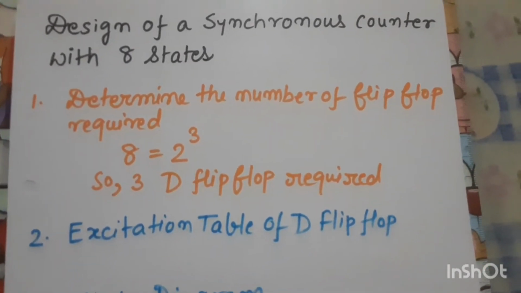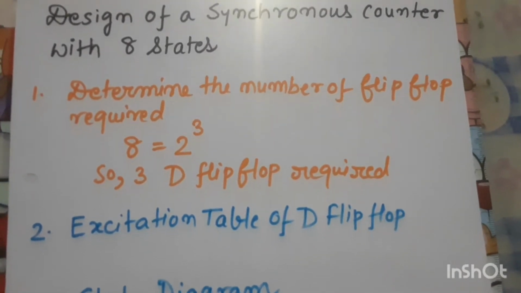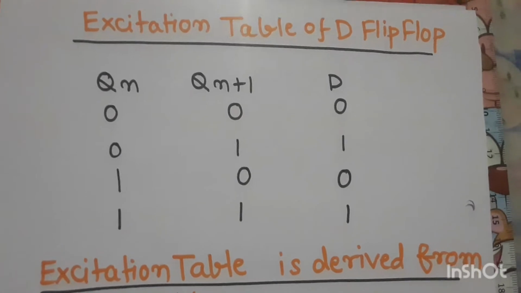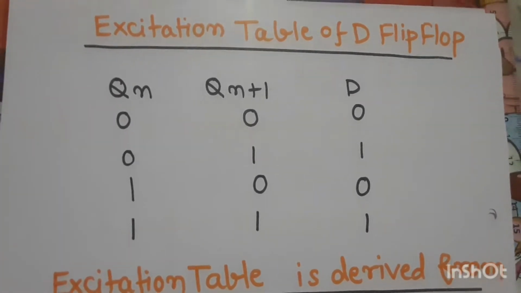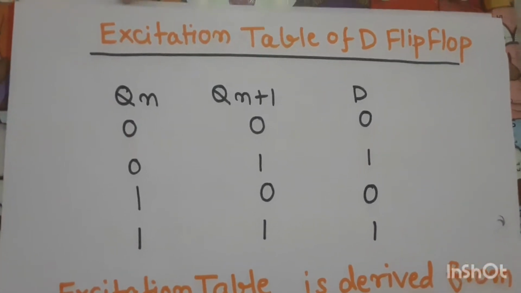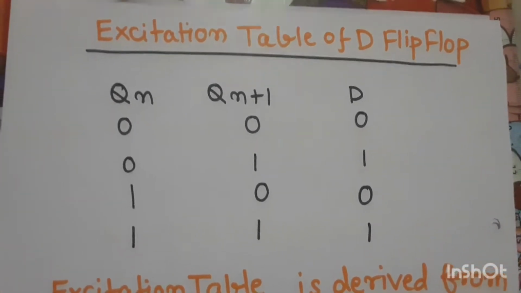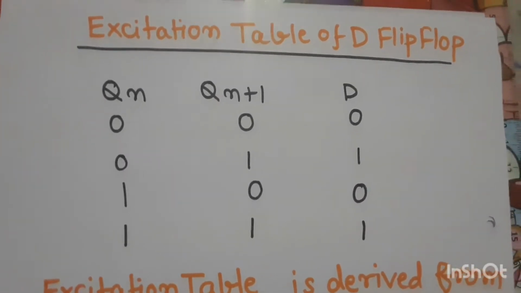Second step, we have to write the excitation table of the D flip-flop. What is Qn? Qn is the output of the D flip-flop at the nth clock and Qn plus 1 is the output of the D flip-flop at the n plus 1 clock.